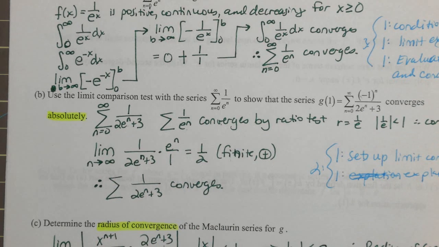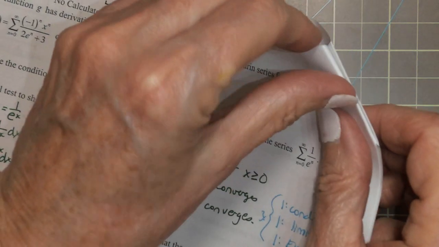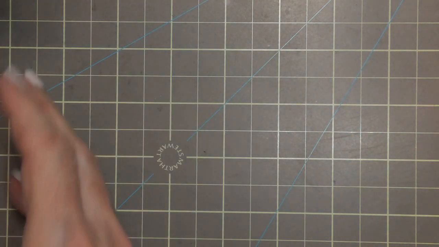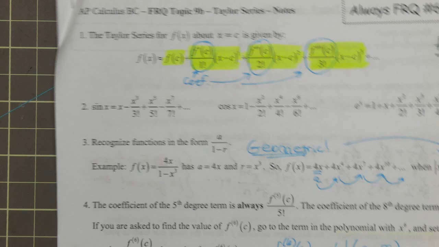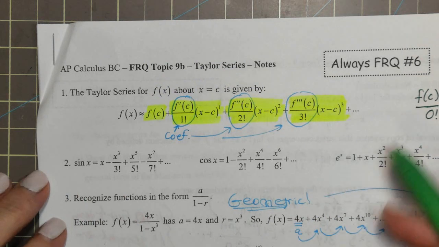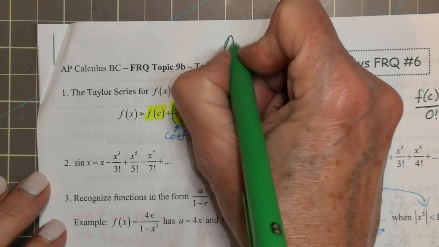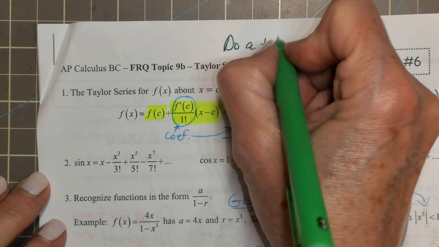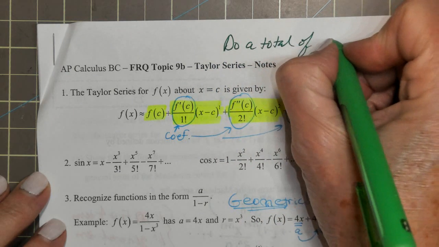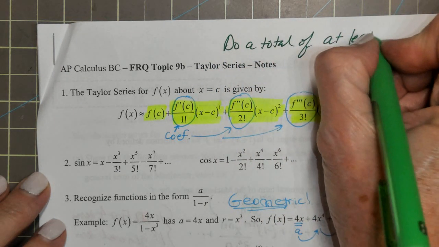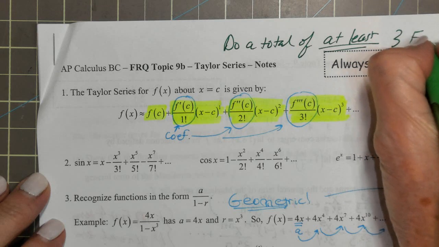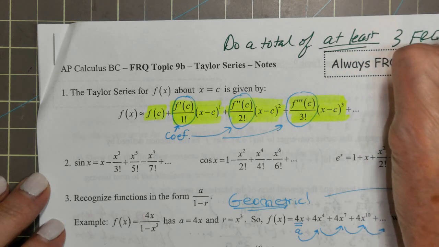All right. That's it. So, guys, I would love for you to spend the last 15, 20 minutes of class doing at least one more FRQ here. So do a total of at least 3 FRQs for homework.